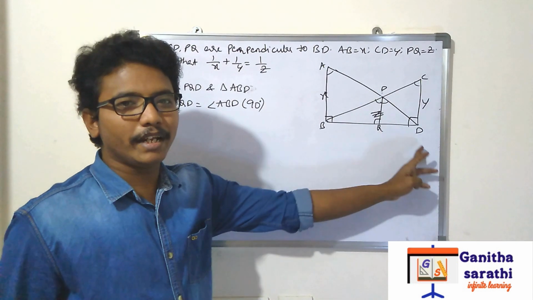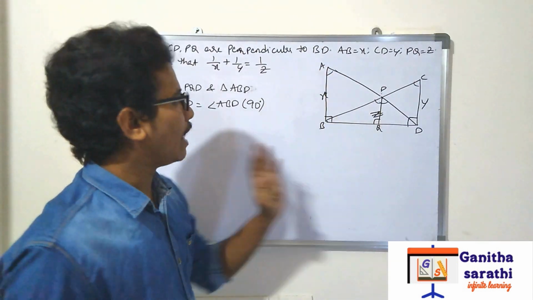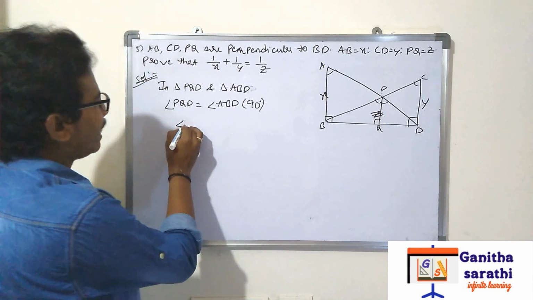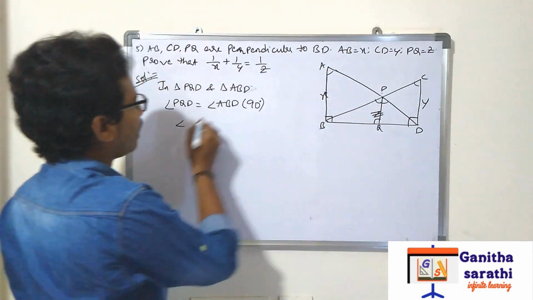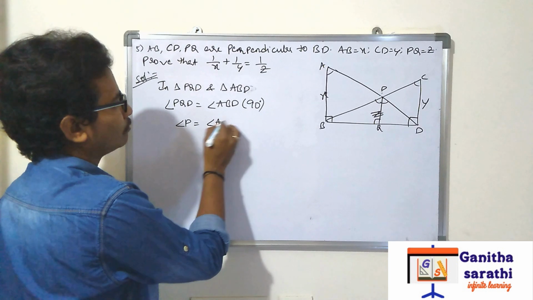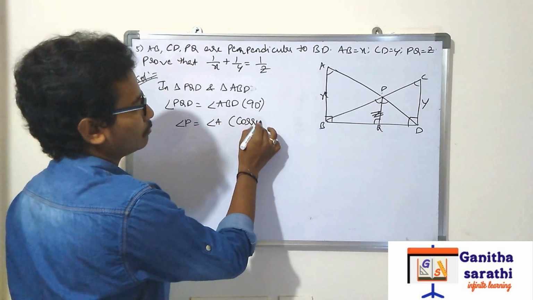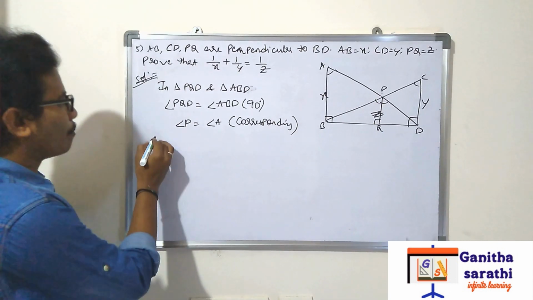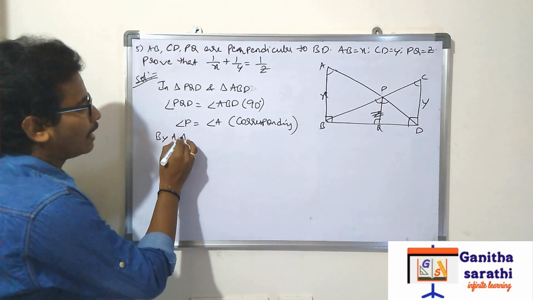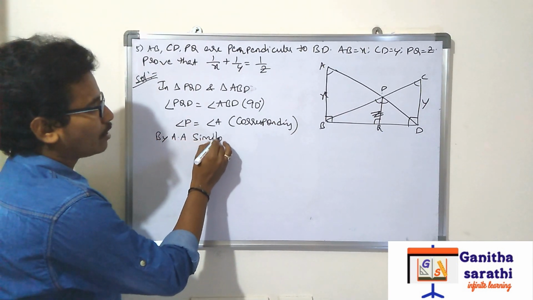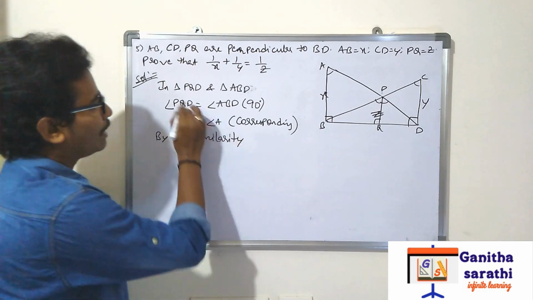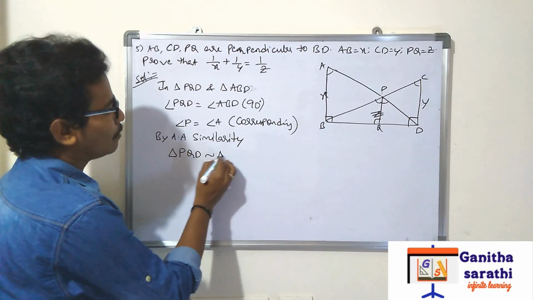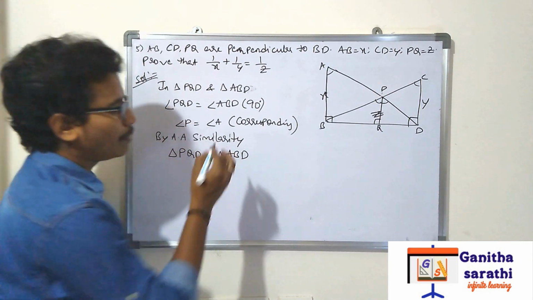And what you can say, angle P and angle A are corresponding angles. So by angle similarity, the two triangles are similar. Triangle PQD is similar to triangle ABD.